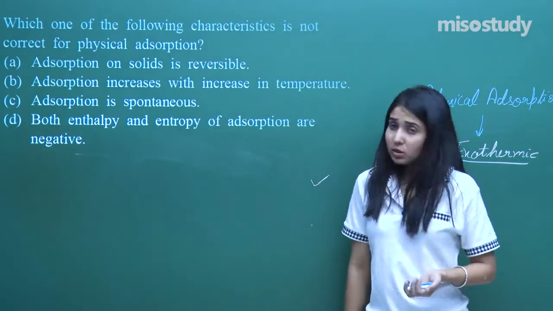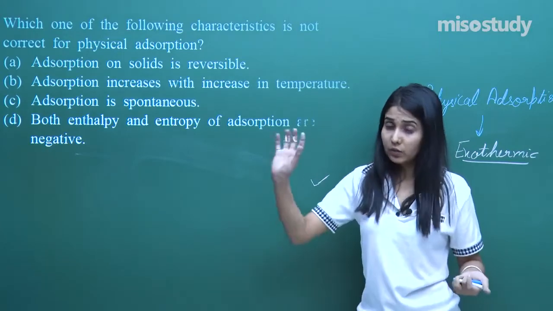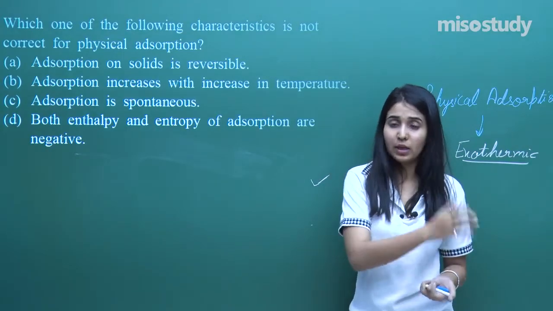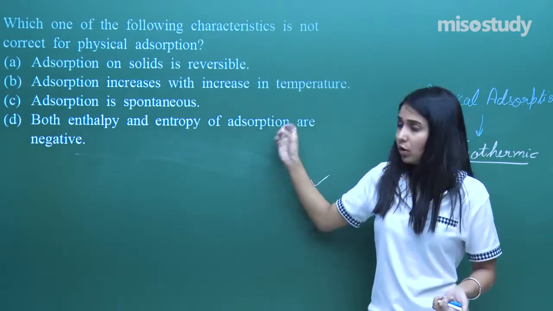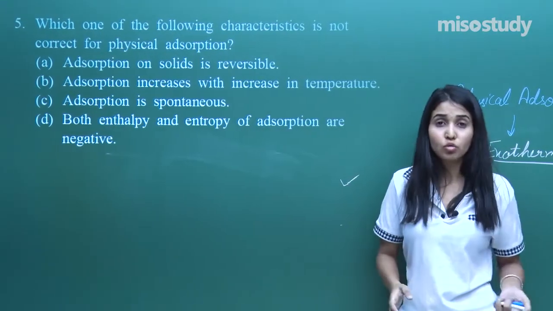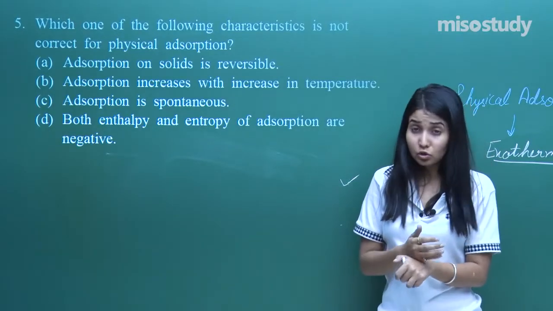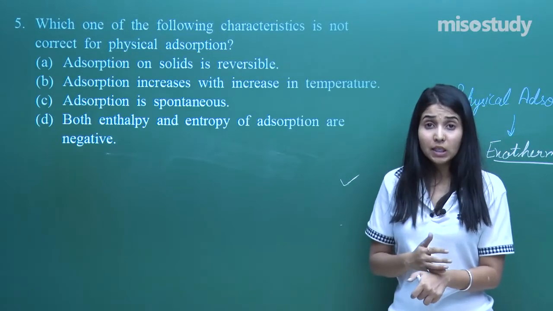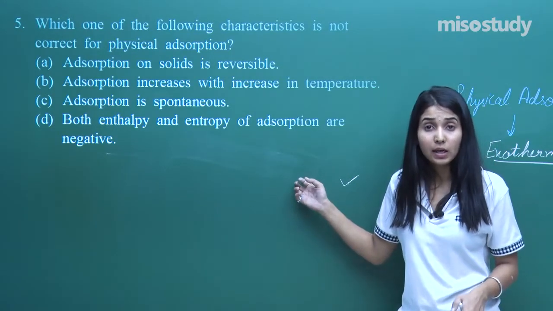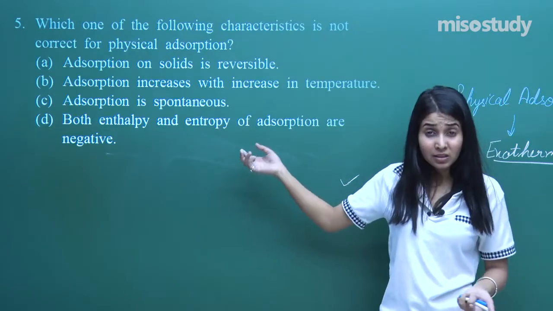Then it says adsorption is spontaneous. Of course, this is spontaneous, as we have just said that the delta S value would be negative, and we have done this by the Gibbs free energy. So both the enthalpy and the entropy of adsorption are negative. Which is true, because it is exothermic, and when adsorption happens, the randomness decreases. If the randomness decreases, the value of delta S would decrease, right? Because that is my entropy, my randomness.